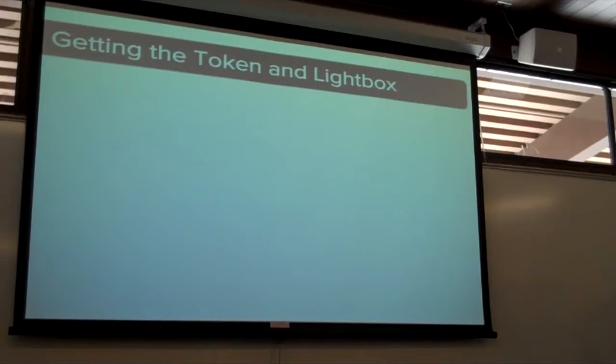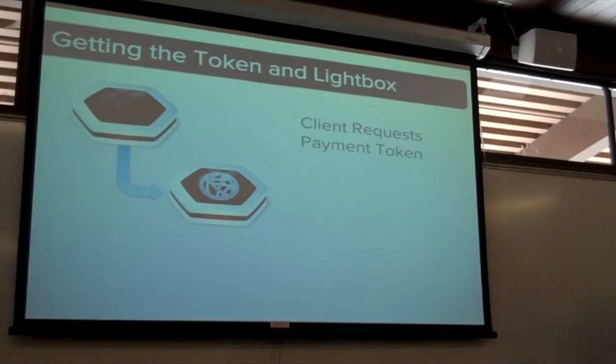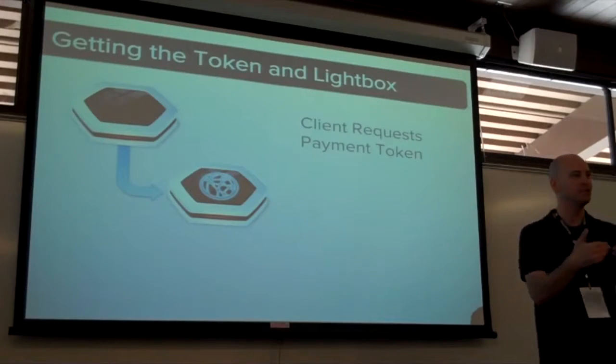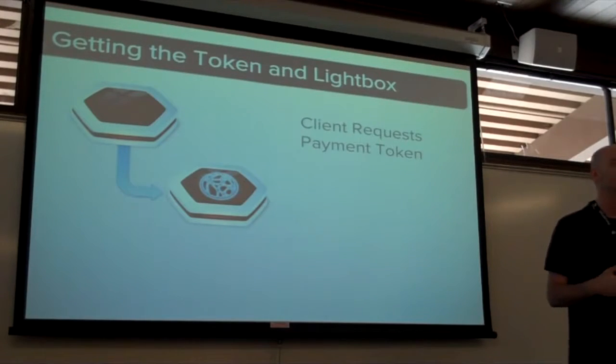Now, once you have your identity in place, where now we understand where identity is coming from, now we can start fetching that token for the lightbox and actually displaying that. What happens is, just like we discussed, the application itself will make a request to PayPal servers saying, I would like to display a lightbox to actually push through this type of payment, this inventory for this quantity.